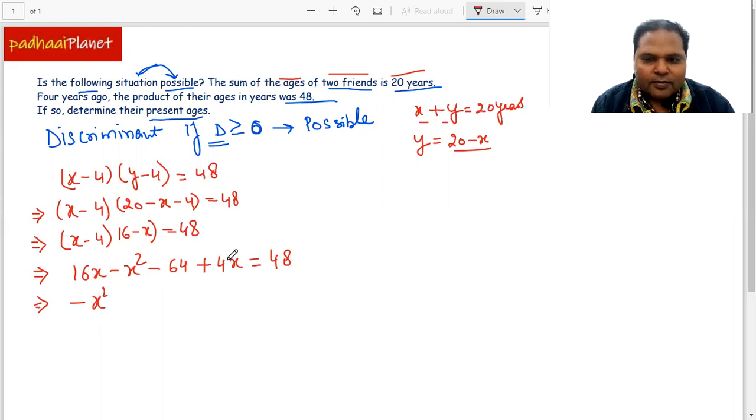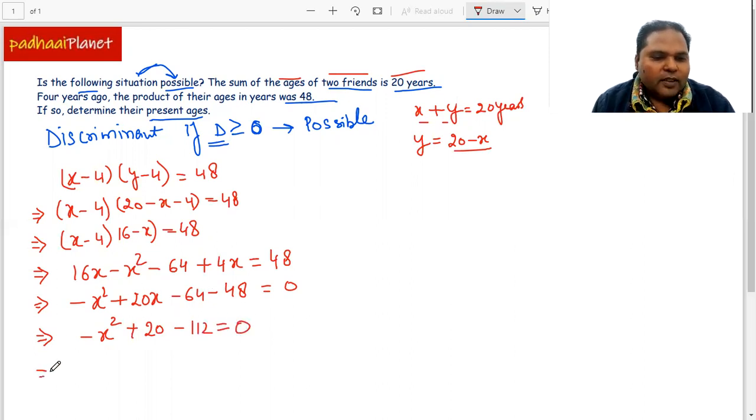The 16x gets added with the 4x, so this becomes plus 20x, and this is negative 64, and the 48 also comes to this side, so this is minus 48, and the whole of it is equal to 0. Now we can write it as minus x square plus 20x minus 112 is equal to 0.